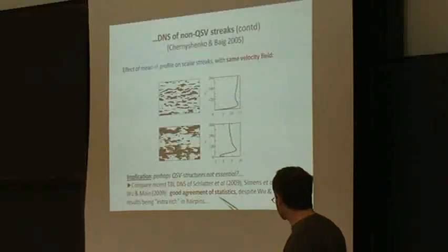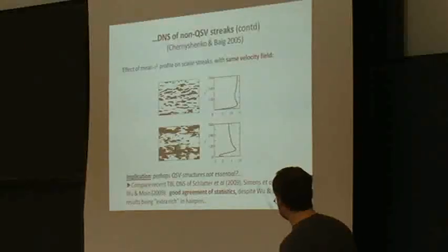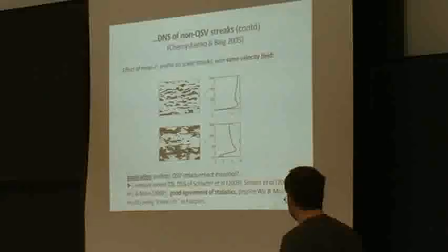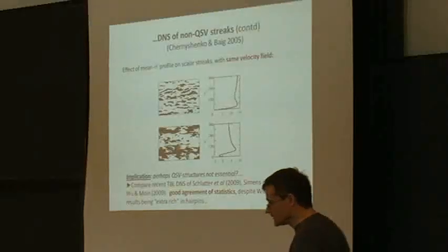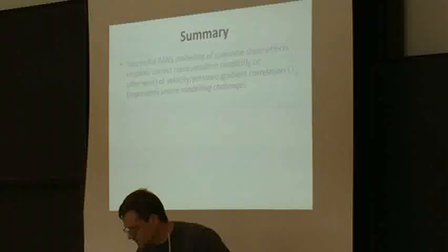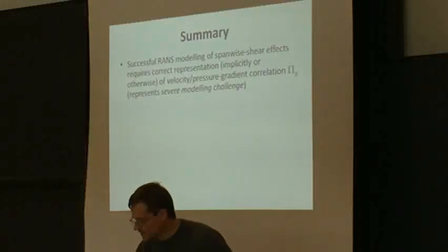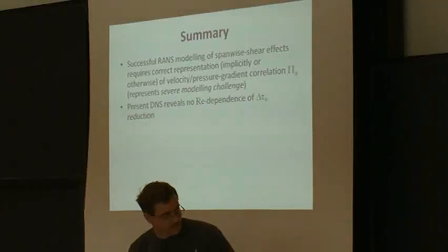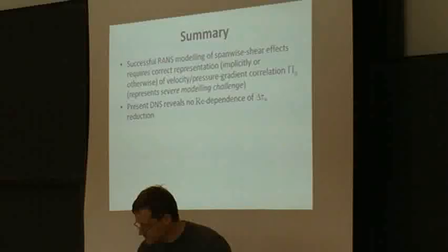You can get good statistics from different DNS, despite the fact that some of the DNS have lots of structures in them and other ones don't. So here's my summary. If you're going to model this flow successfully, you're going to need a pretty smart triple-correlation model, one that doesn't exist yet. You have to use velocity and pressure gradient correlations, right?